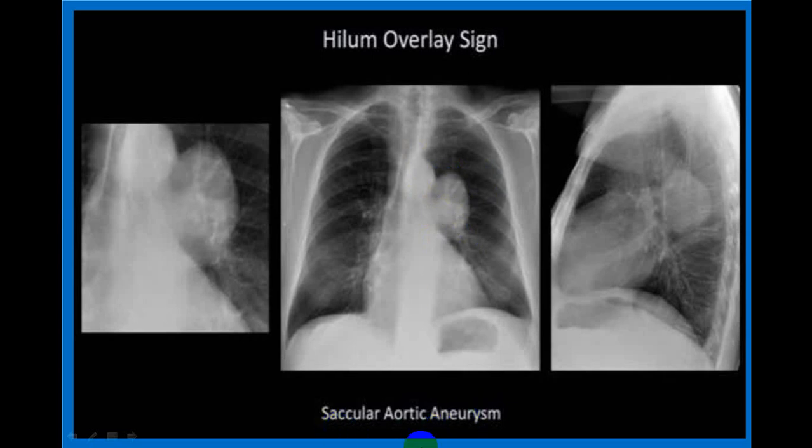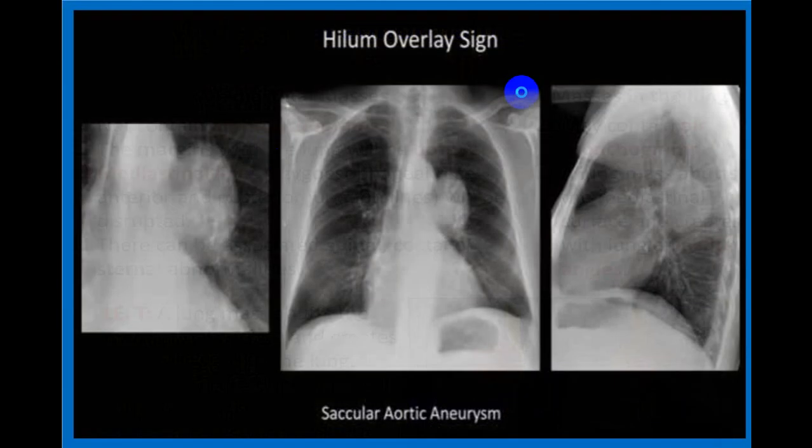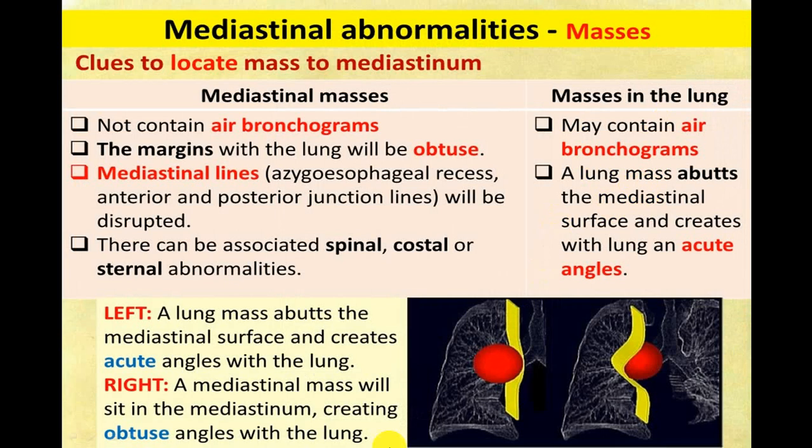So that is a saccular aortic aneurysm, and that produces what we call an overlapping sign. So it is called the hilum overlay sign. That is a structure close to the hilum. It may be the aorta, it may be lymph nodes, or it may be related to the pulmonary artery.